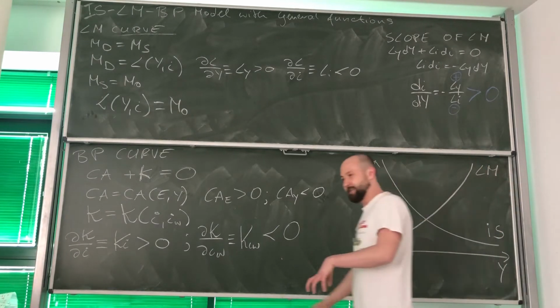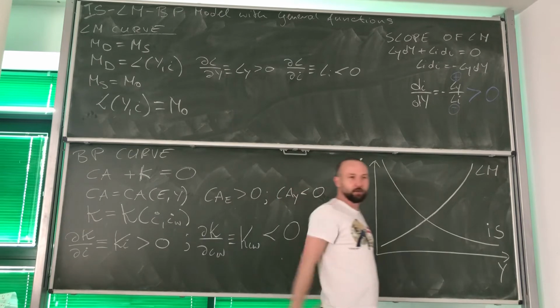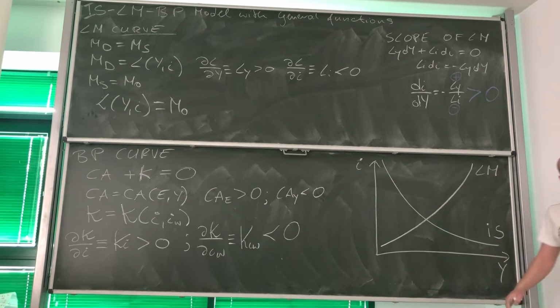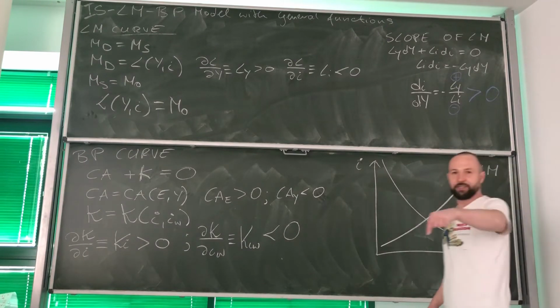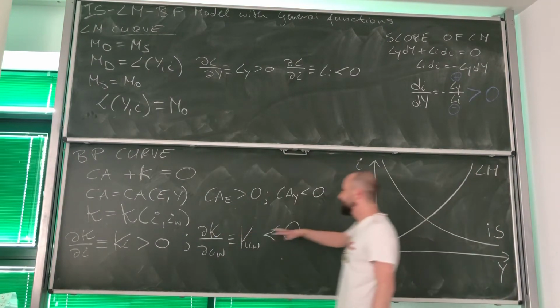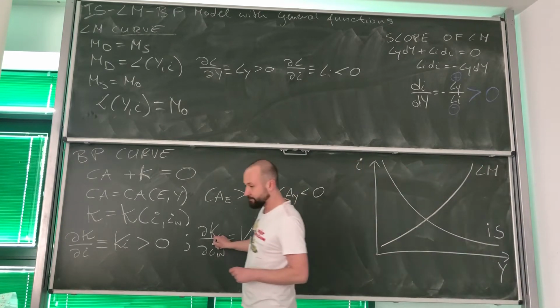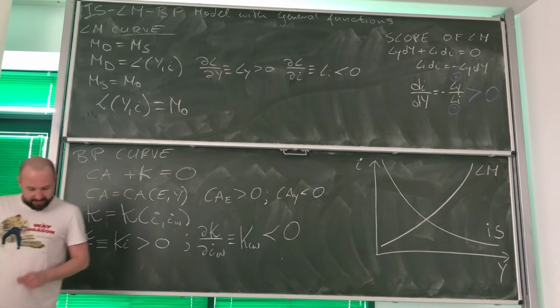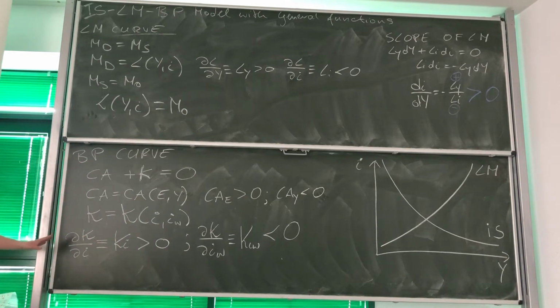Now, home residents, domestic residents, need to purchase foreign currency in order to purchase foreign assets denominated in foreign currency. So we will see capital outflow. Okay, and look, this is enough for us actually to handle the BP curve.